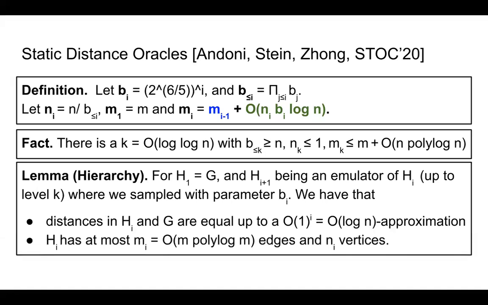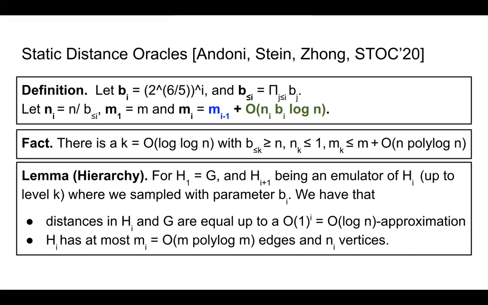And what we have is that each H_i has at most m_i edges and n_i vertices. You need a little bit of care, but basically the m_i just comes from the initial m edges, and then at each step you project the original edges. So this just keeps your m_i to be the number of edges from the level below, so m_{i-1}. And now you have to add the ball edges in.